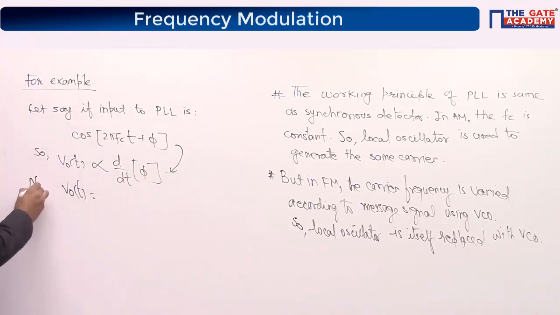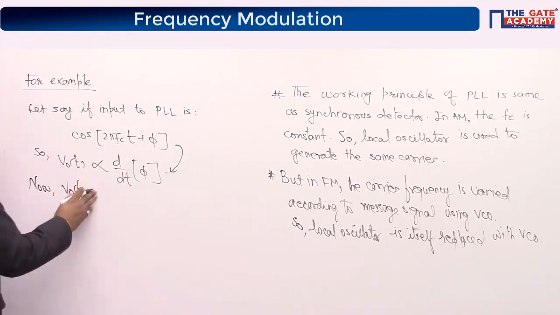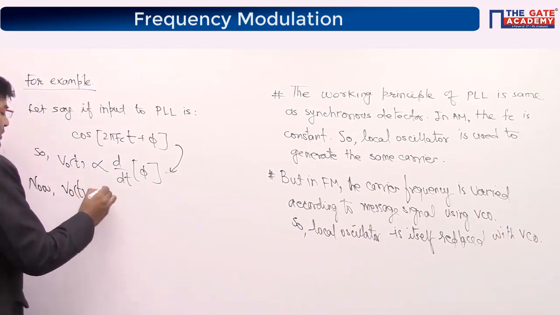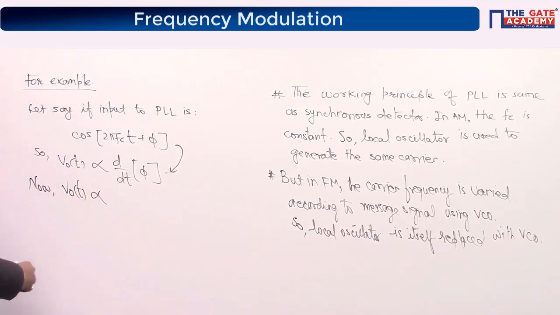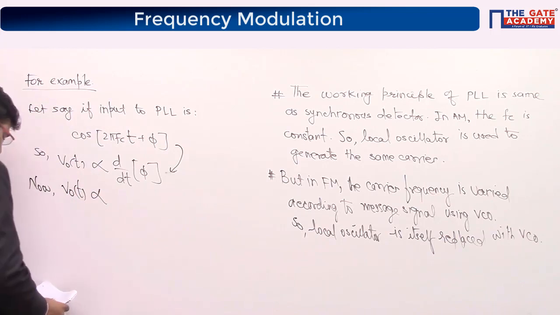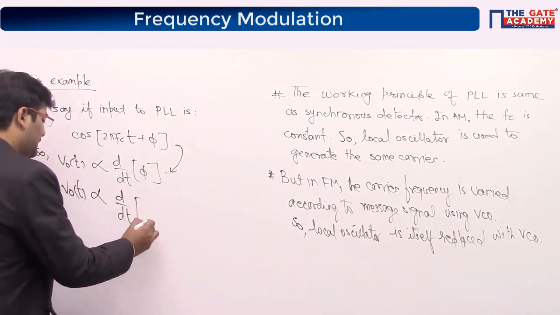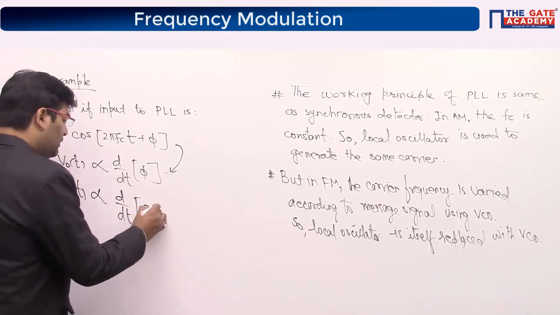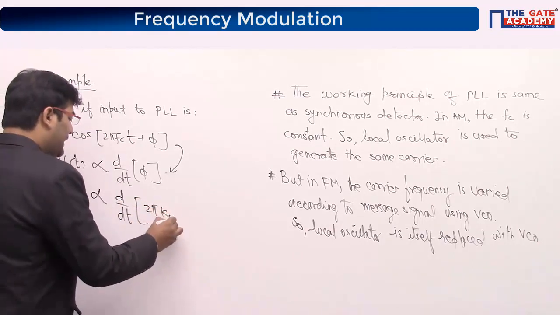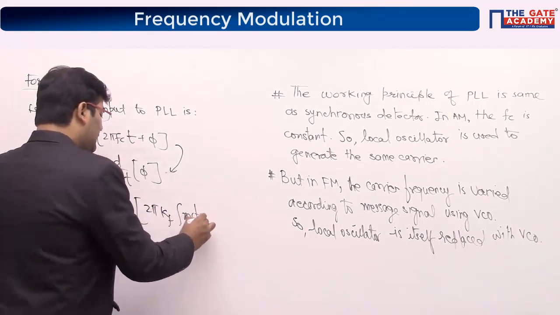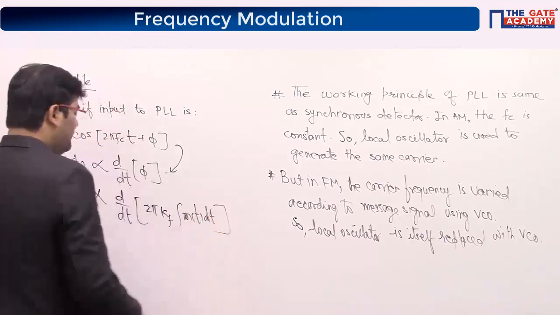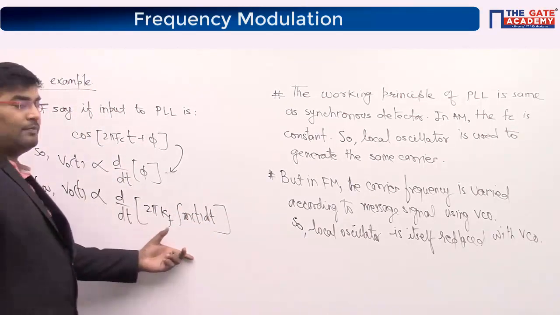Now, if you think of this as an FM signal, the output will be the differentiation, d by dt of the whole phase, which is 2 pi kf integral mt dt. Recall that, guys?